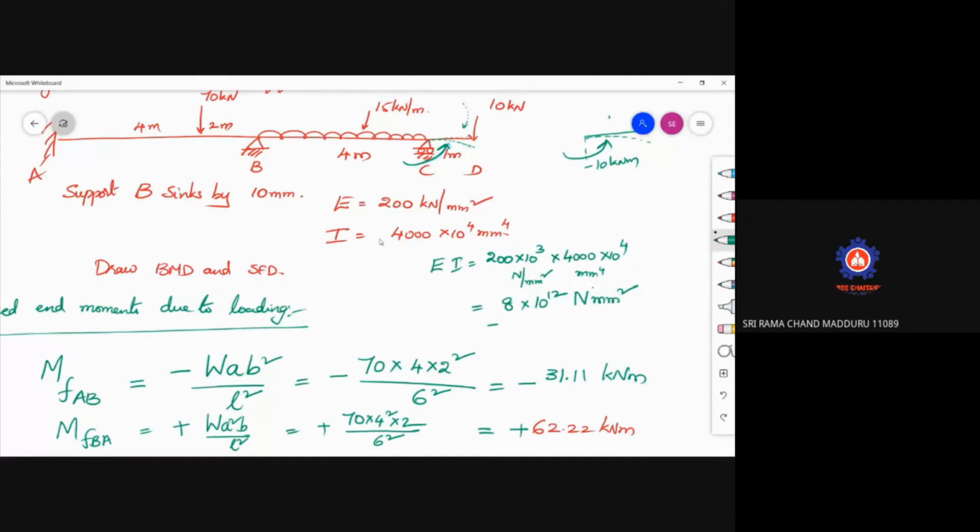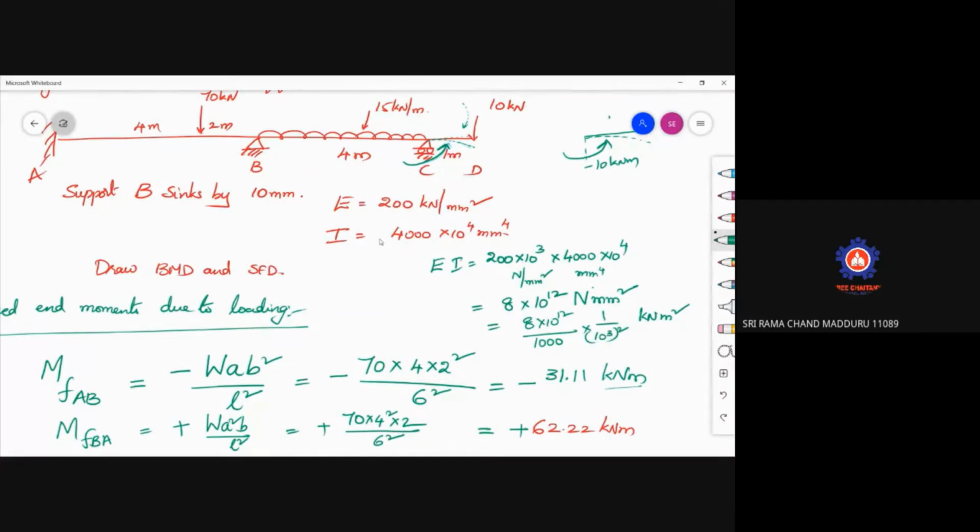Now I will convert this in terms of kilonewton meter square. Why? Because all the moments and everything are in kilonewtons and length is in meters. So 8 into 10 power 12, 1 Newton is 1000 kilonewtons, and 1000 into 1 mm is 10 cube whole square. Why? Because this is in terms of meter square.